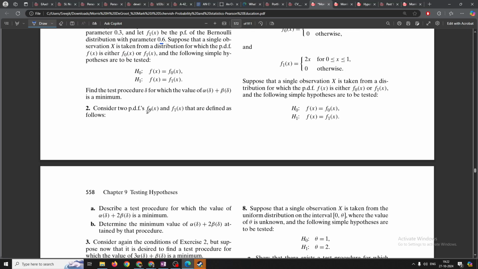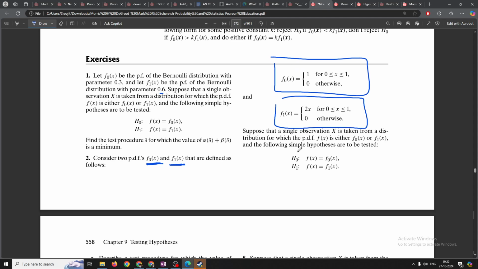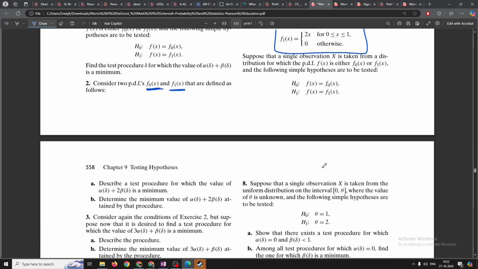It says I have two PDFs, f0 and f1 of x, and they are defined as this, right? I need to test this hypothesis such that this particular linear combination is minimum, and then I also have to find the minimum value of this.